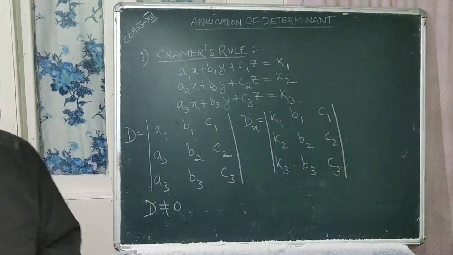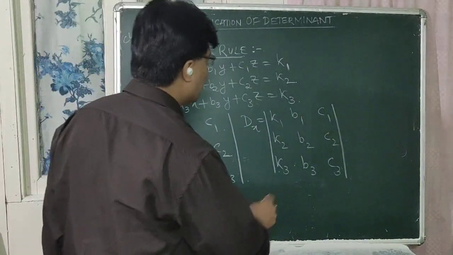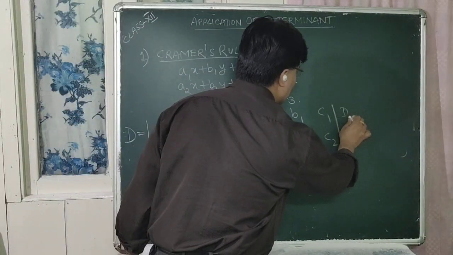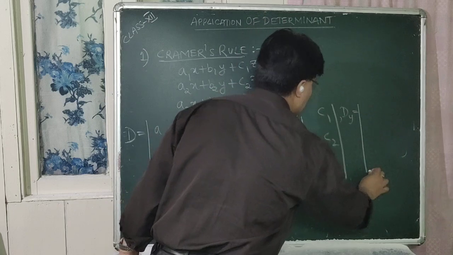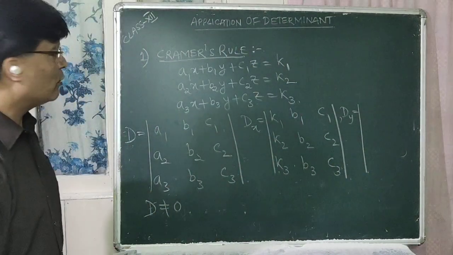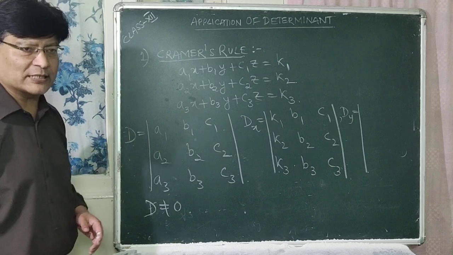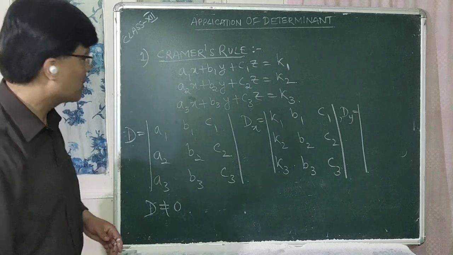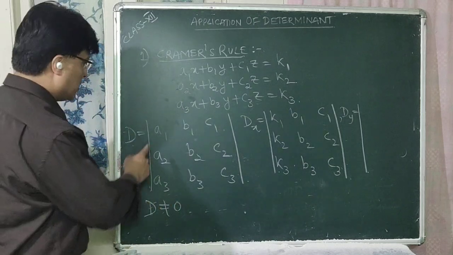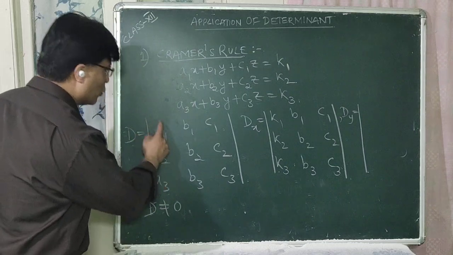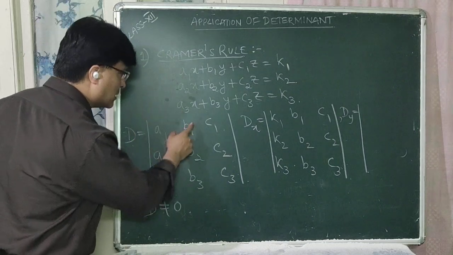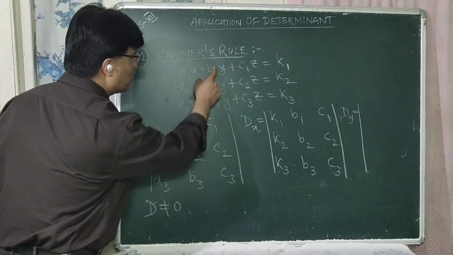Is that clear now? Now again, how can you find out dy? So dy is equal to, now which column will you replace by the constants k1, k2, k3 here? In this case, the first column is the coefficients of x, but the second column is the coefficients of y.